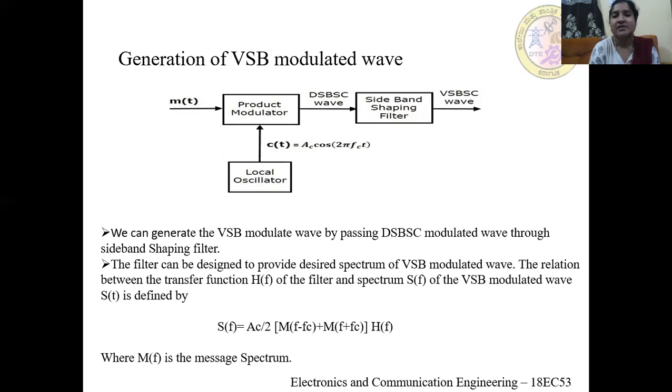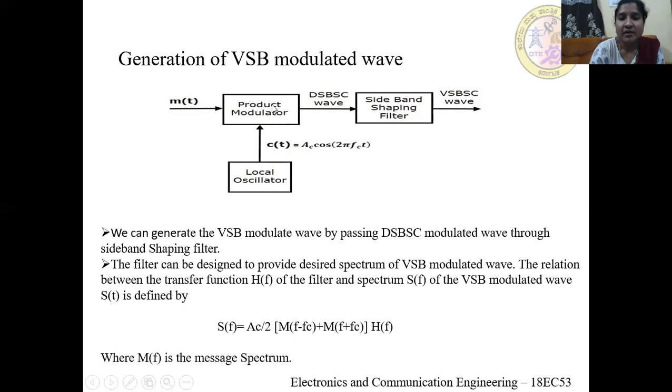Next, we'll see generation of VSB modulated wave. Modulators are the devices which are used to perform the modulation operations. This is the block diagram for the generation of the VSB modulated wave, consisting of a product modulator, local oscillator, and sideband shaping filter.